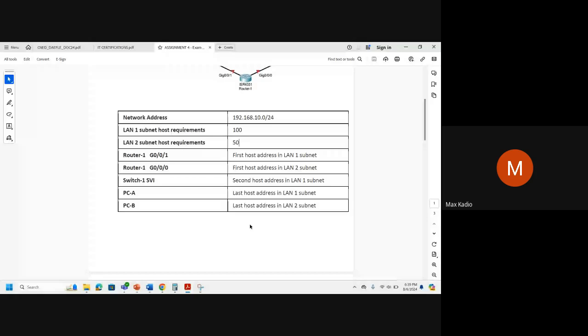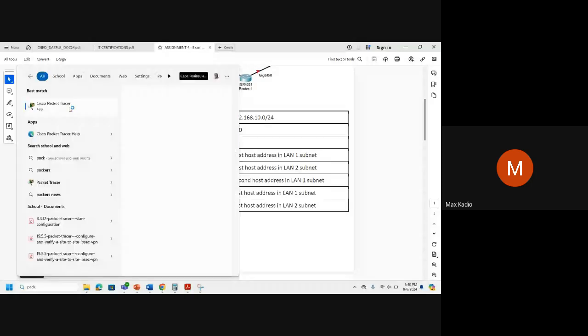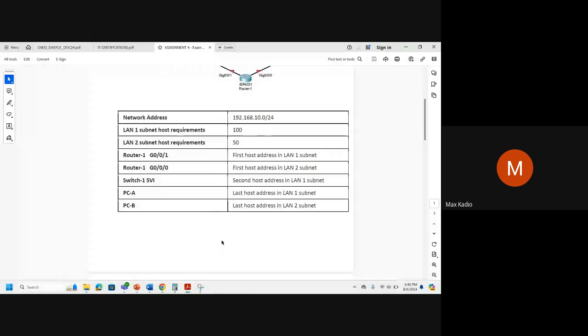So I'm waiting for Packet Tracer to open. Why doesn't it open this time? Except for that, any general questions you have or you want to ask?